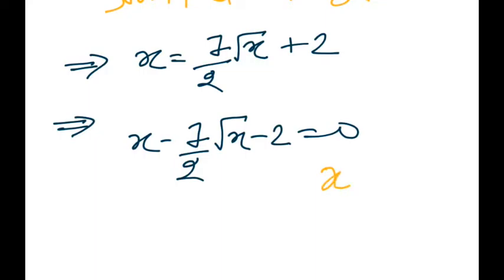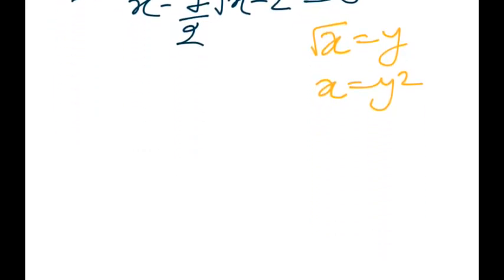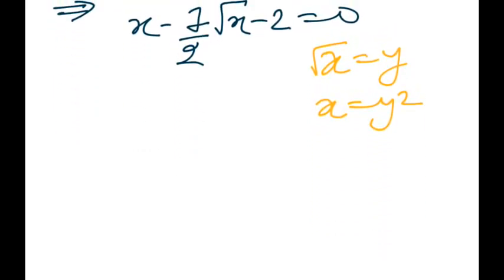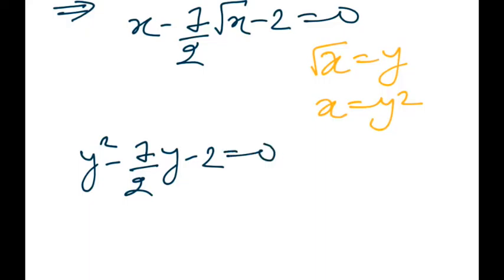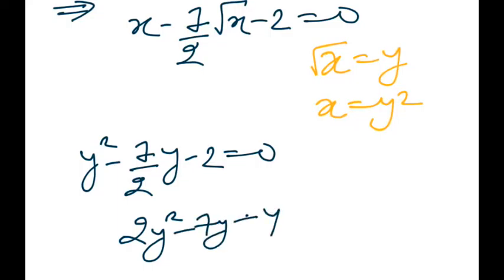Let's say under root x equals y, so x equals y square. Replace this in the above equation, so this becomes y square minus 7 by 2 y minus 2 equals 0. This gives us 2y square minus 7y minus 4 equals 0.